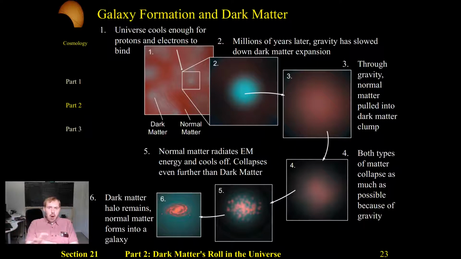Now, through gravity, the normal matter sees a clump of dark matter and it just naturally gravitates towards that material. And now the normal matter has clumped onto this dark matter clump.